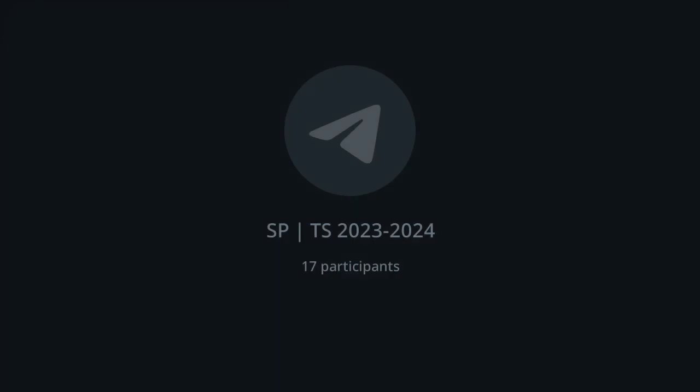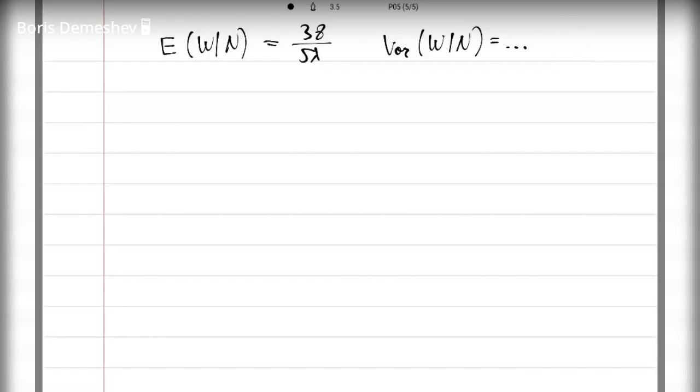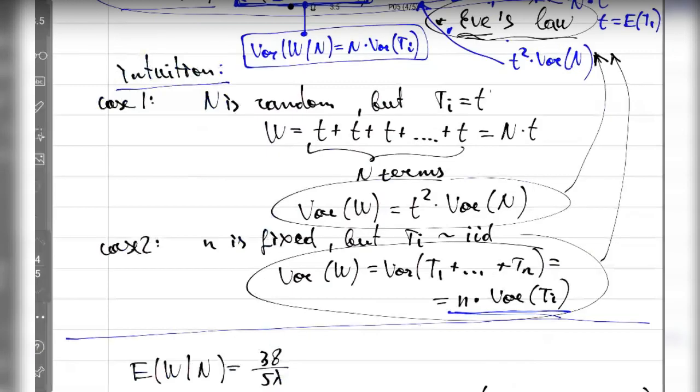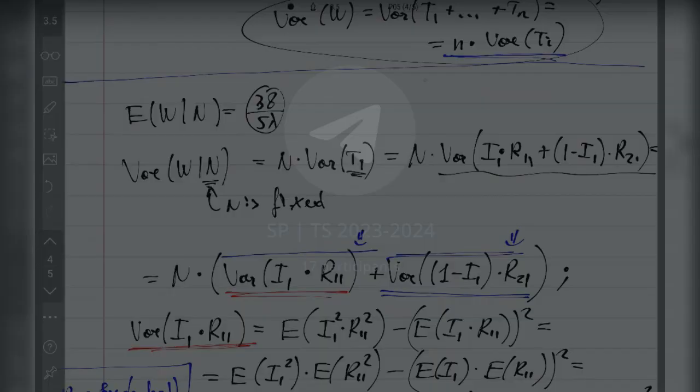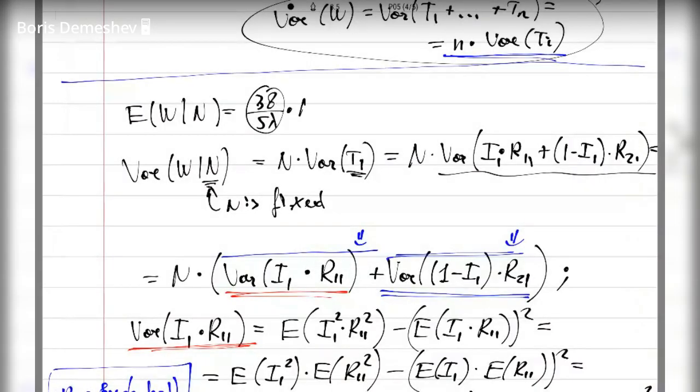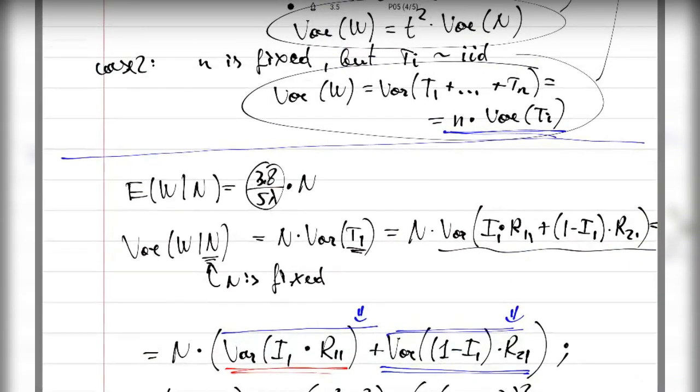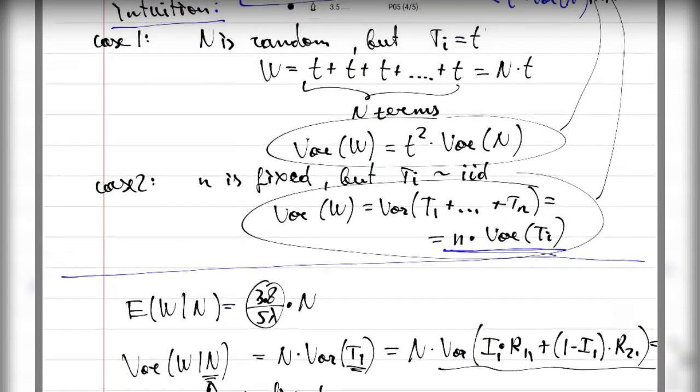So if you sum up these two terms, multiplied by N, we have that expected value of every term. So it's 3.8 multiplied by N.